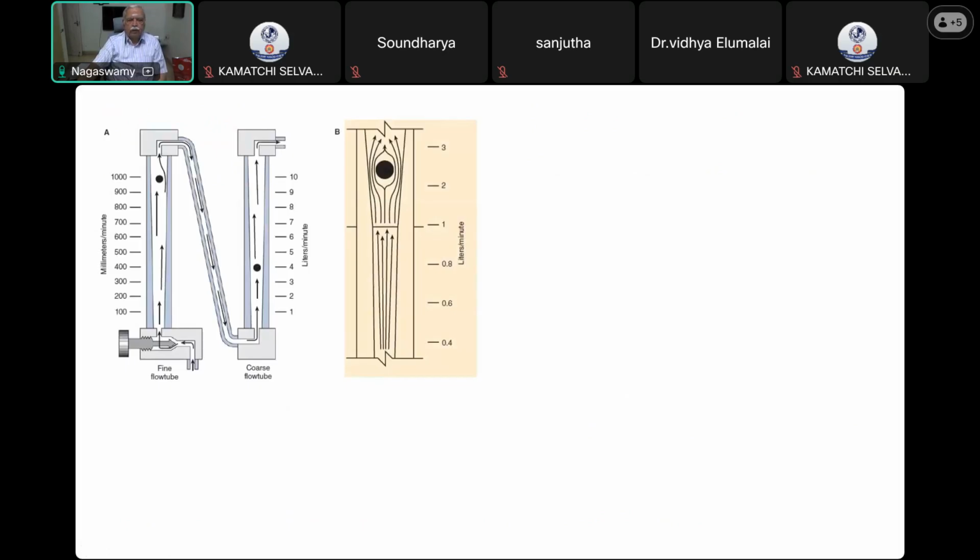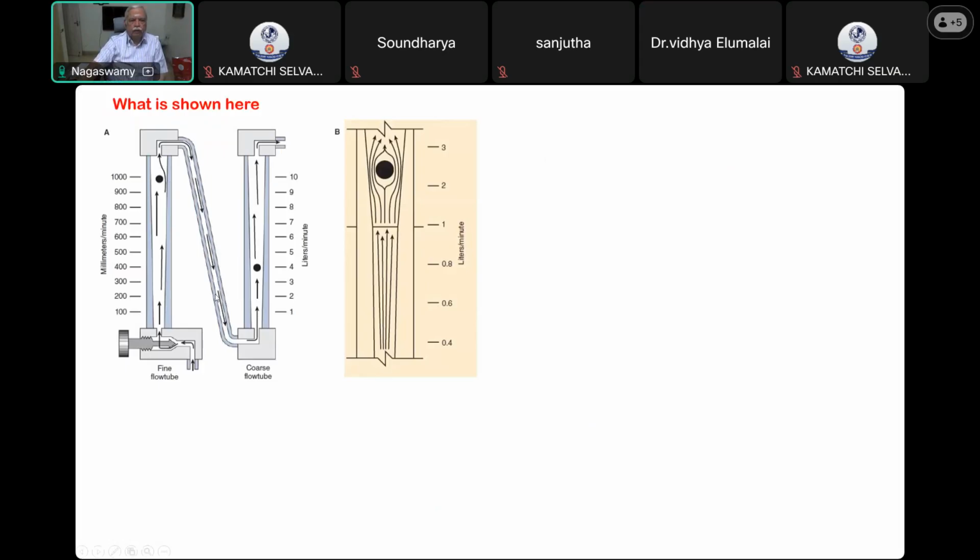Now coming to the flow meter tubes, I am showing you pictures of two flow meters. So what is shown here? You can see milliliters, starting from 100 to 1000 maximum, whereas here 1 liter, 2 liter, 3 liter up to a maximum. So what type of flow tube is this?